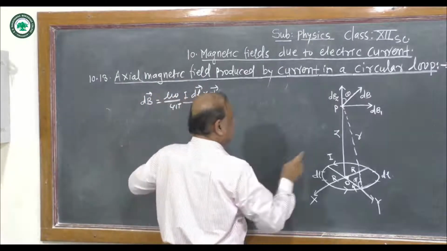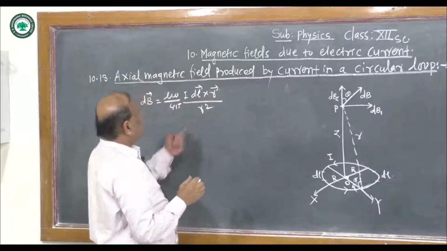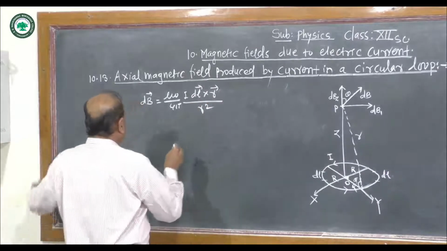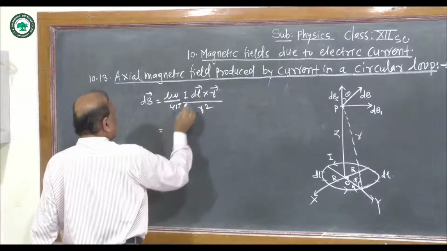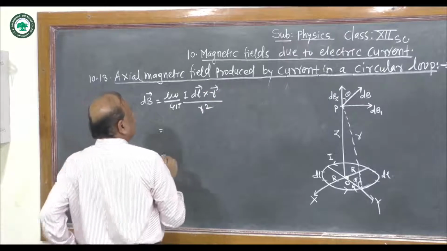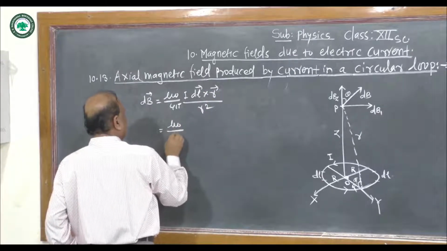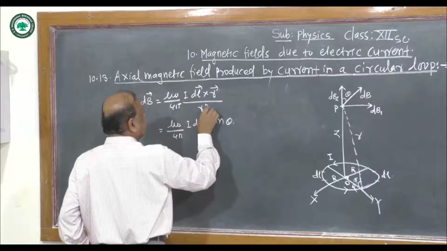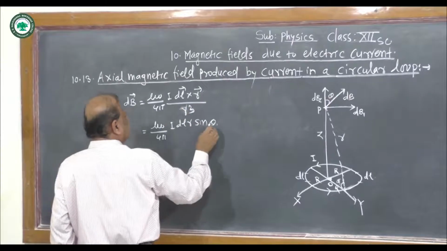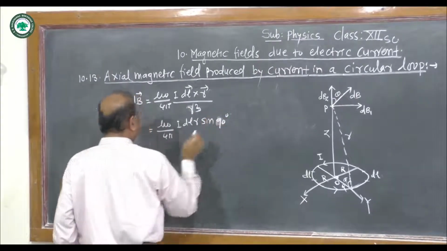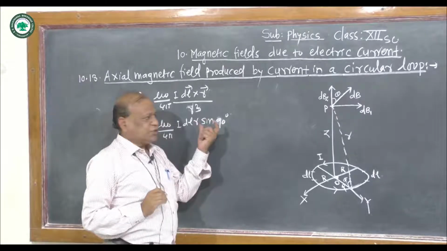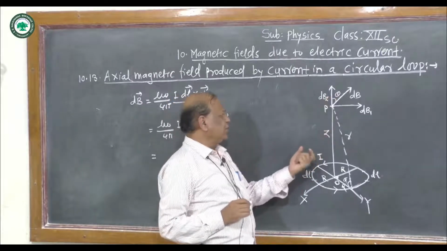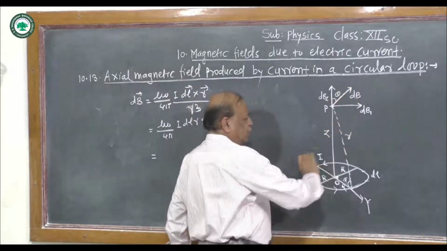Now the magnetic field is perpendicular to both the length element dl and this vector r bar, and therefore this cross product dl cross r bar is equal to dl r sin theta, and now mu 0 by 4 pi I dl r sin theta divided by r cube, that is sin 90 here, because this element dl and this magnetic field dB is directed along this one according to the right hand rule.